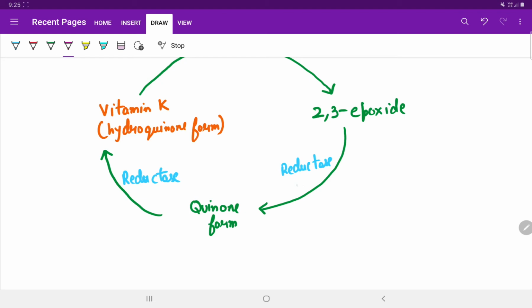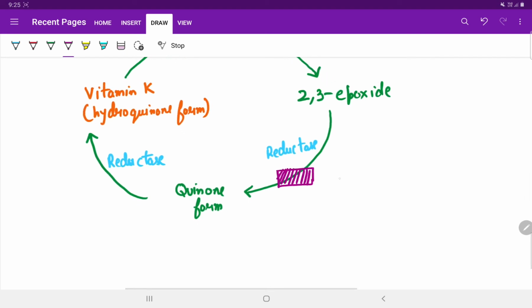Here will be the action of the inhibitors. These inhibitors will be blocking the reductase enzyme and will not lead to conversion of the quinone form of vitamin K. Thus preventing the blood clotting mechanism, and this may lead to hemorrhage, but in certain conditions such as pulmonary embolism it is required to prevent clotting.